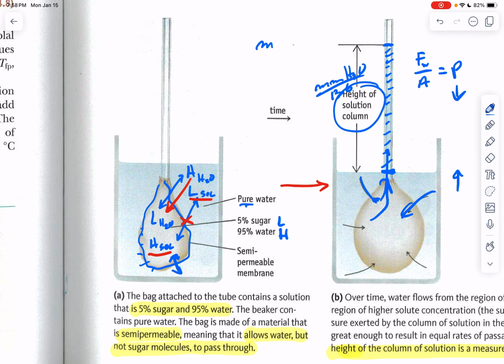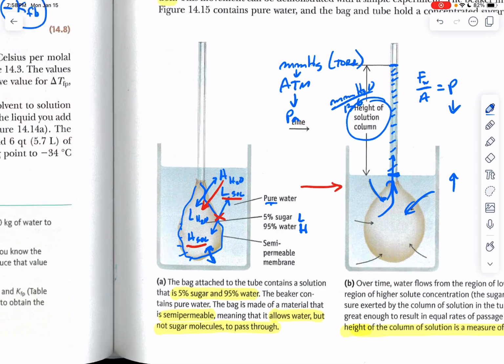And of course, millimeters of mercury, which is the same thing as a torr, we can convert into atmospheres, because there's 760 millimeters of mercury in an atmosphere, or we can convert it straight into pascals of pressure. And that would be the osmotic pressure.